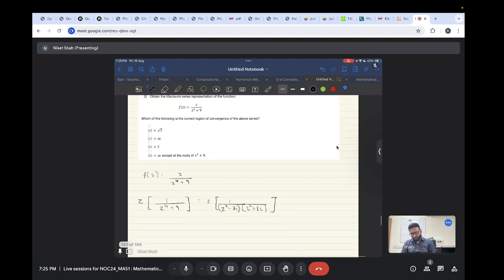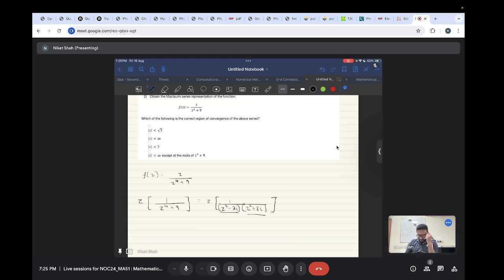So here now, how do we obtain the Maclaurin series expansion? I've taken z outside. z power 4 plus 9 is split into its constituent factors, z square minus 3i and z square plus 3i, because z power 4 plus 9 has to be a factorization by 3i.